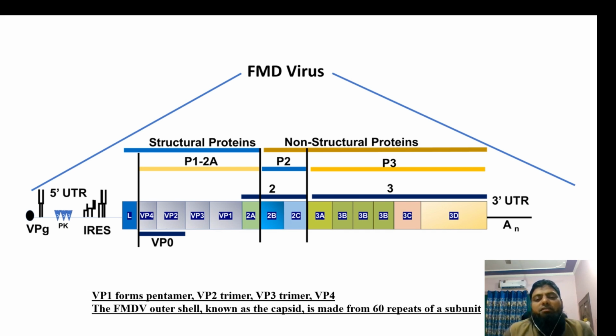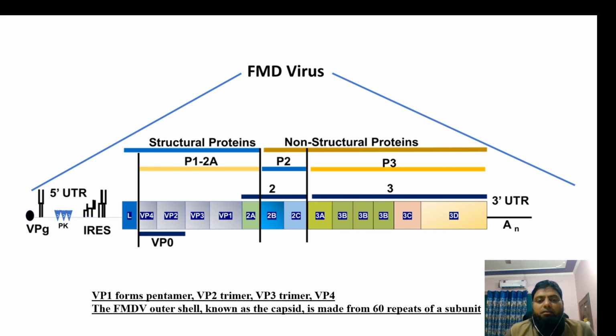Once the FMD virus infects the host cell, it capitalizes on the host machinery, and the cell will not be able to synthesize its own proteins properly as in the normal physiological process. The host protein synthesis mechanism is compromised, and the cell starts synthesizing only the viral proteins.